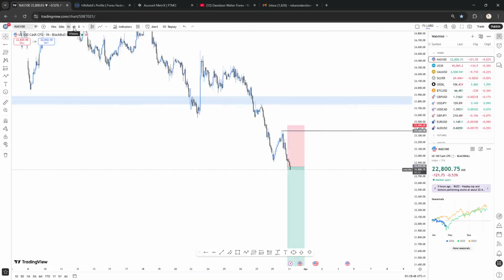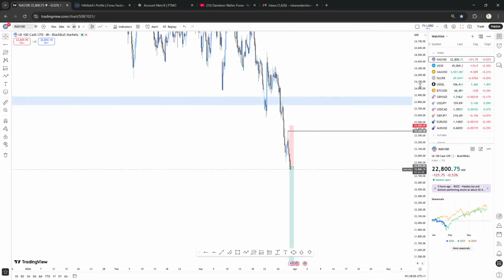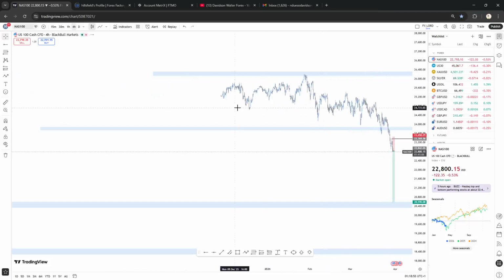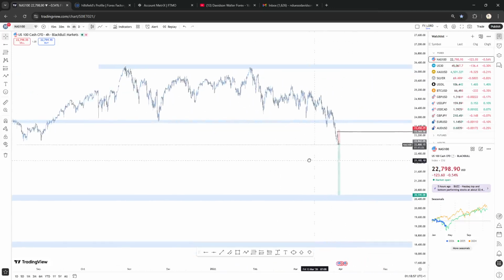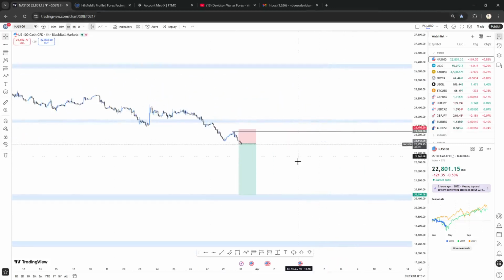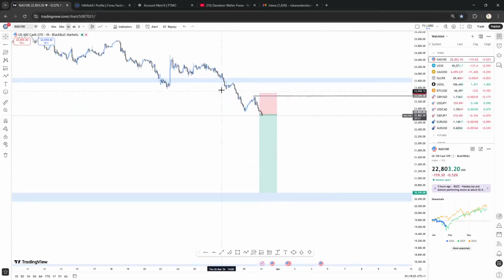All right. So this is Nasdaq, Nas 100. It's also the same thing, a correction. So I waited for this correction. This is the correction. When I saw this, price had already made a correction and continuation.